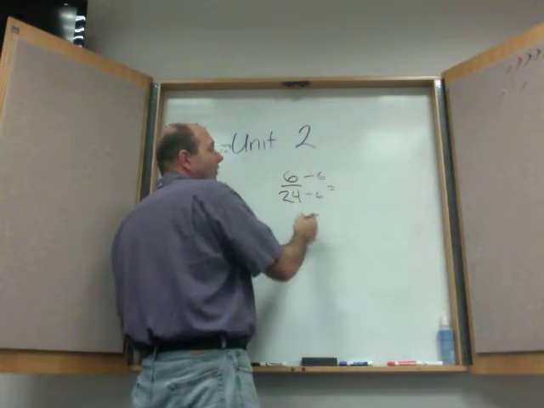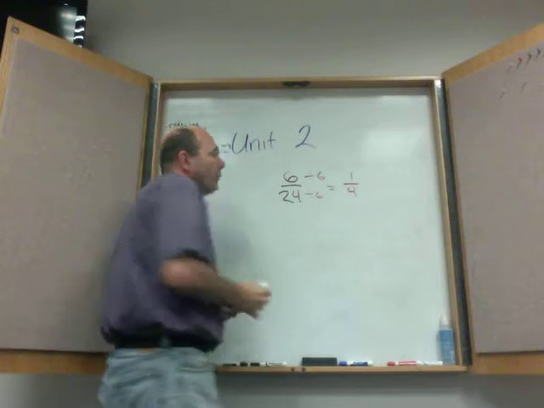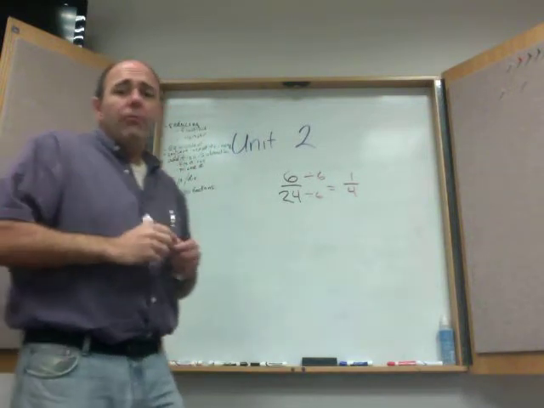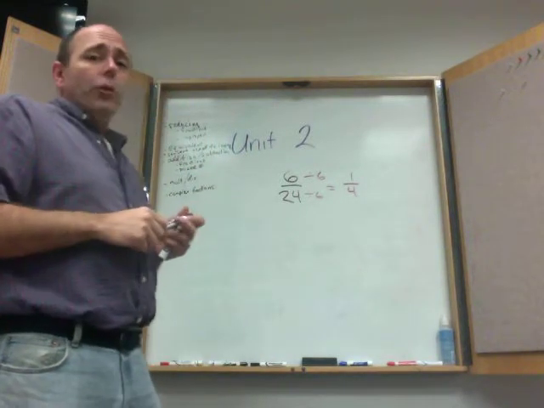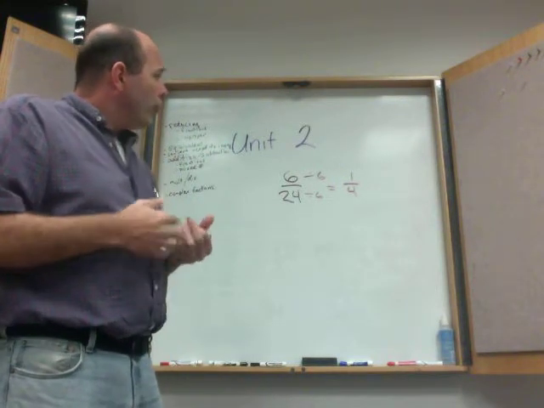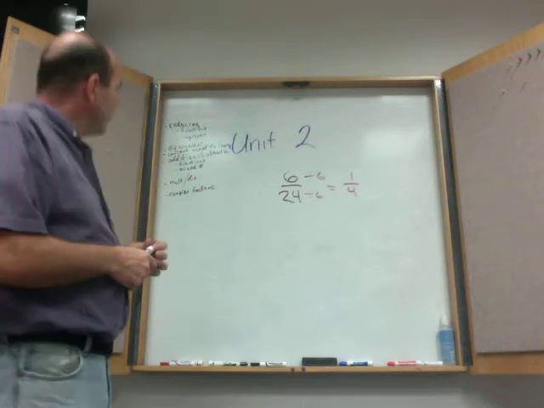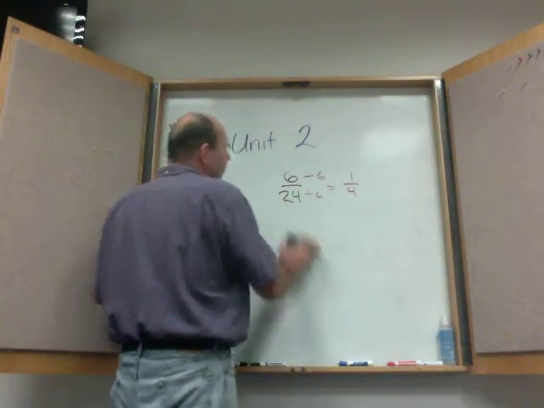Now I'm going to find out that 6/24 is the same as 1/4. It may not always be that easy to find the greatest common denominator, so with a little bit of practice you can do that.